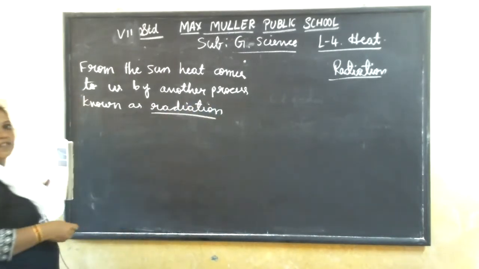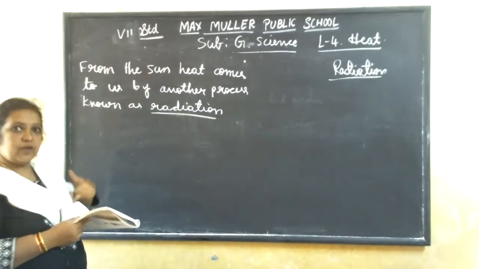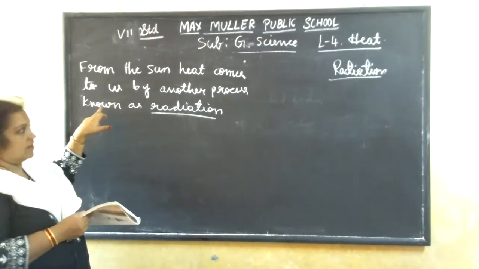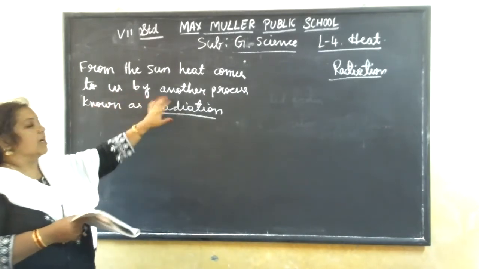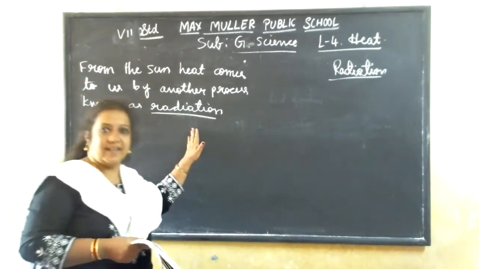Okay, understand, children? See, from the sun, heat is coming to our body, coming to the earth by another process. That process we will call radiation.